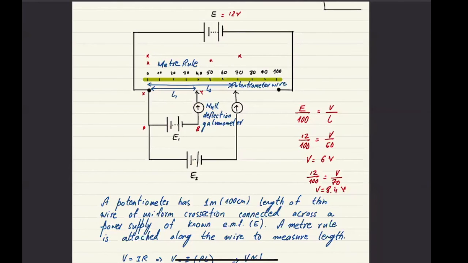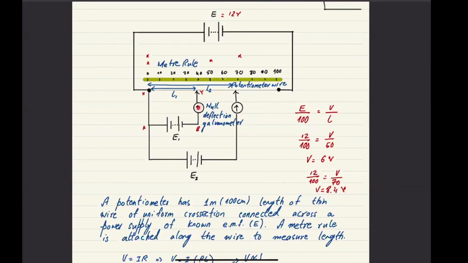So what you can do is slide the contact of the potentiometer over the length of the wire and search for zero deflection. When I slide and search for a zero deflection point, that means there's no current flowing.